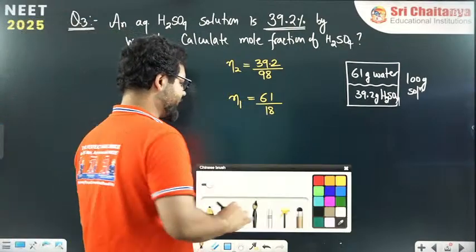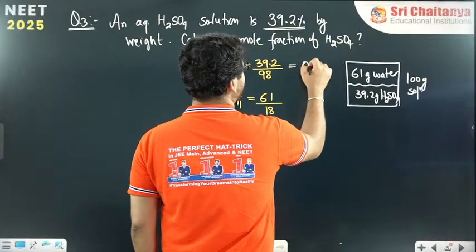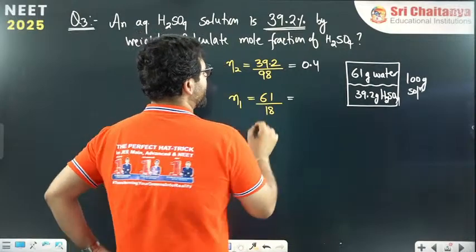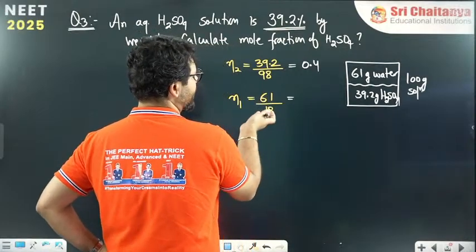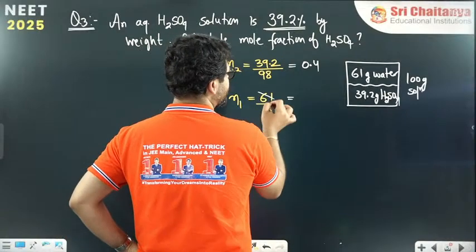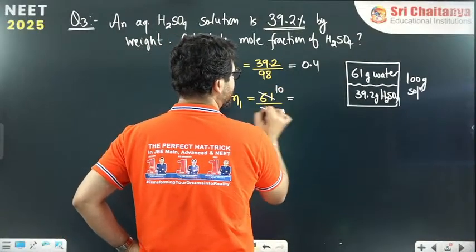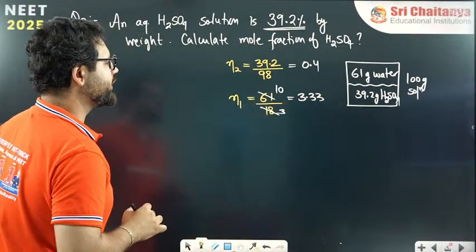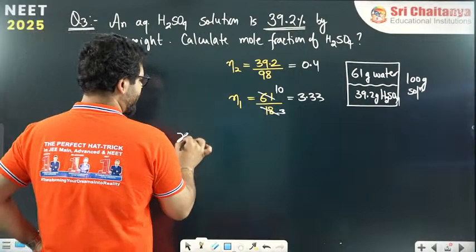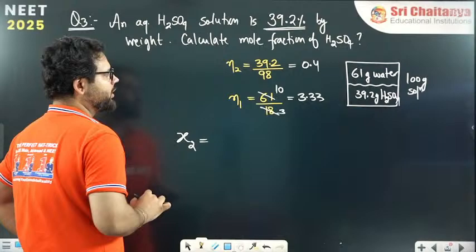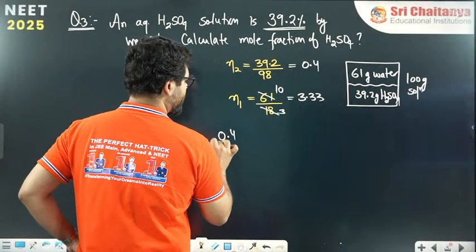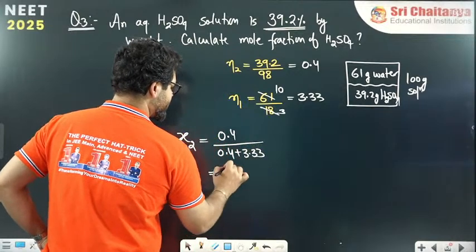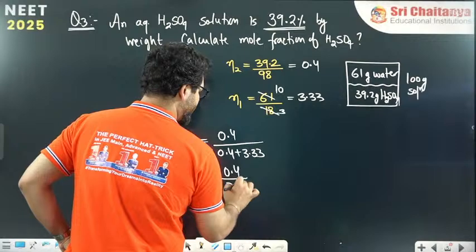This is going about 1 by 3 times 10, which is 3.33 moles. So we get the mole fraction of H2SO4, which comes out to be moles of H2SO4 by total moles, 0.4 plus 3.33. So the answer is 0.4 by 3.73.